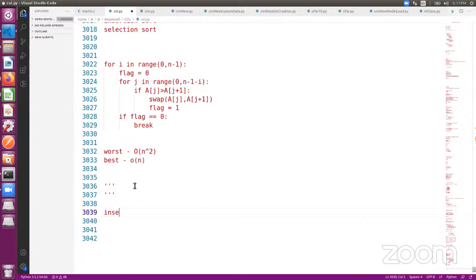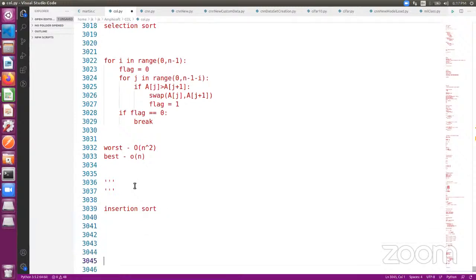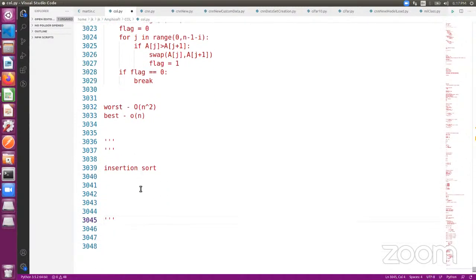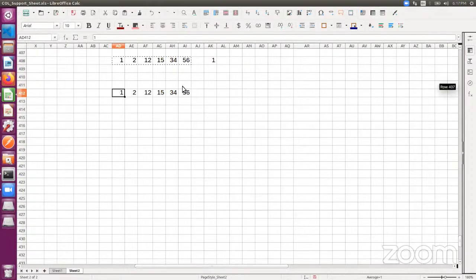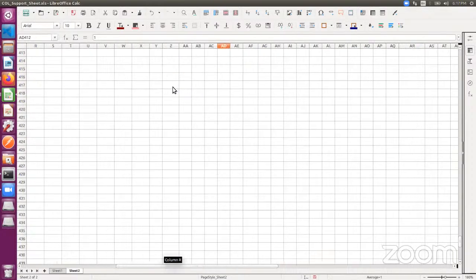Next, insertion sort. I'll just give an overall idea about insertion sort, and then we'll go to the insertion sort illustration.